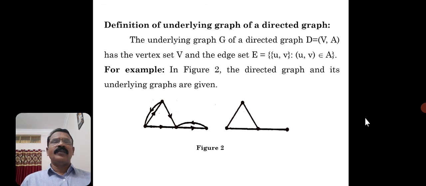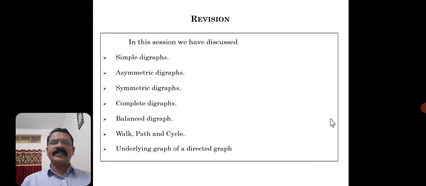So far in this session, we have discussed simple digraphs, that is without multiple directed edges and loops, asymmetric digraphs, symmetric digraphs, and also complete digraphs. Again, in case of complete digraphs, there are two types: complete asymmetric digraph and complete symmetric digraph.